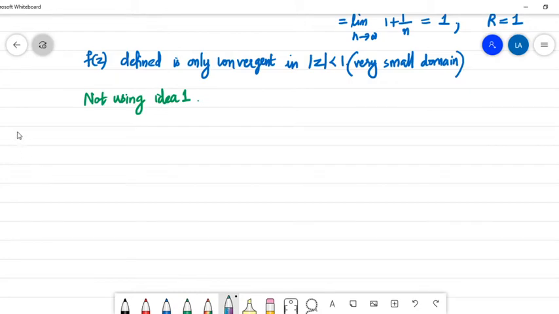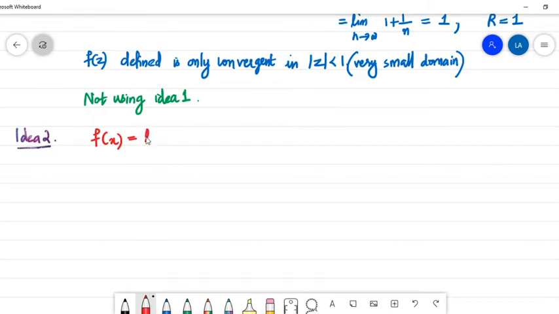So now let's think about idea 2. Idea 2 is closely related to this.